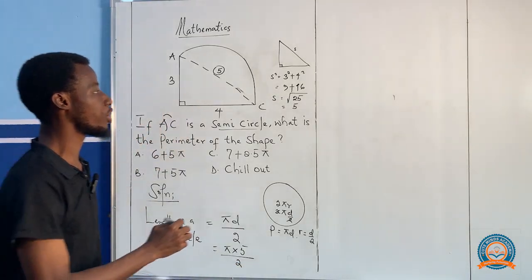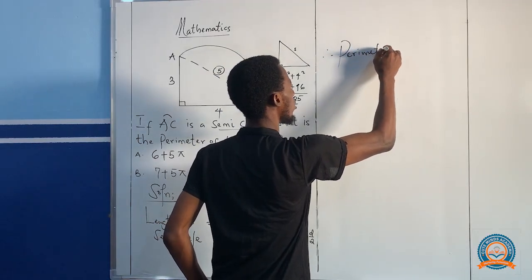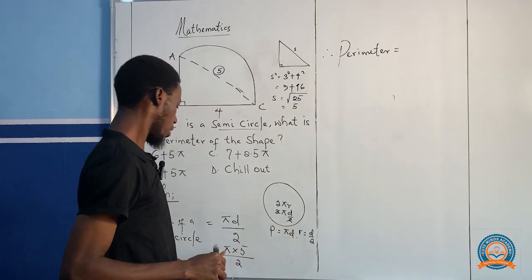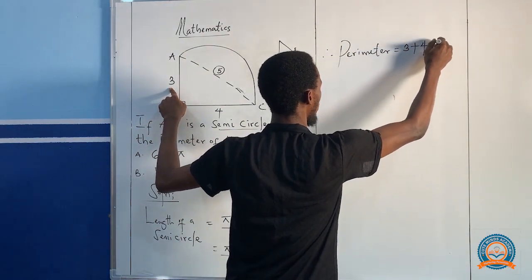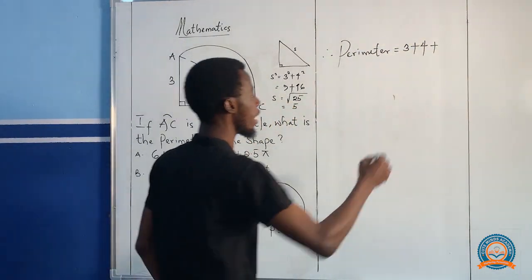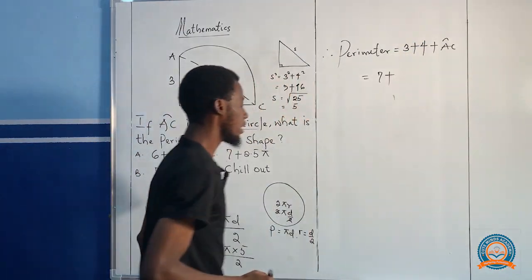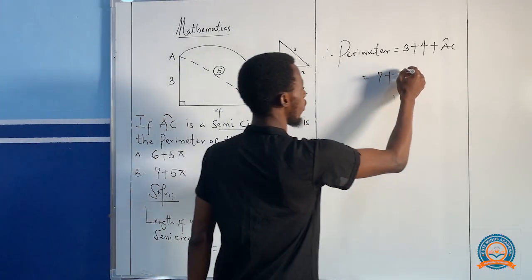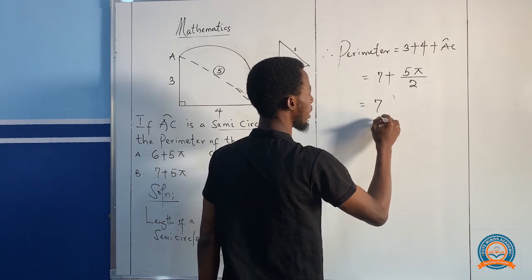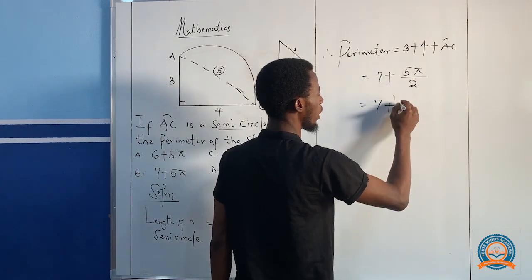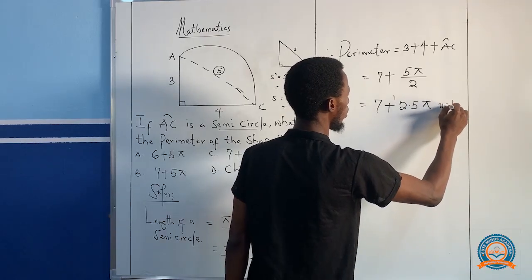So the perimeter of the shape, we can say perimeter will now be 3 plus 4 plus, of course, the length AC, which will give us 7 plus the length AC, which is exactly 5 pi divided by 2. So 7 plus, dividing 5 by 2 gives 2.5 pi in units.